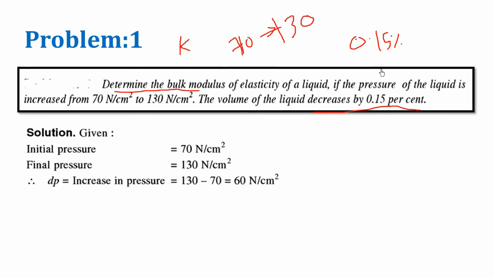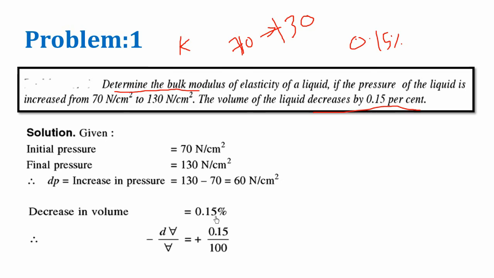So we'll write the given data first. Initial pressure 70 Newton per centimeter square, final pressure 130 Newton per centimeter square. So the increase in pressure we can write as 130 minus 70, which gives 60 Newton per centimeter square. We know that the decrease in volume is given as 0.15%, which is nothing but the volumetric strain.